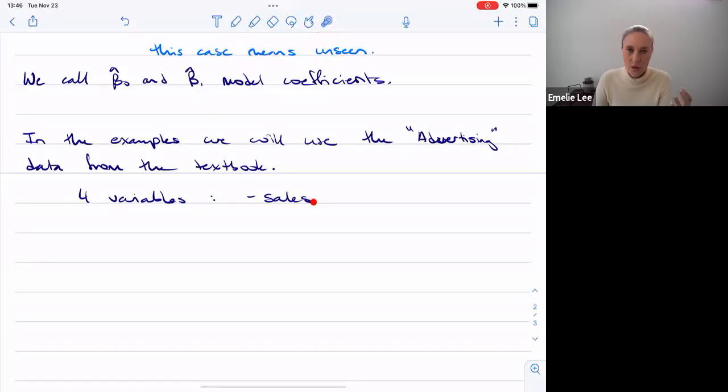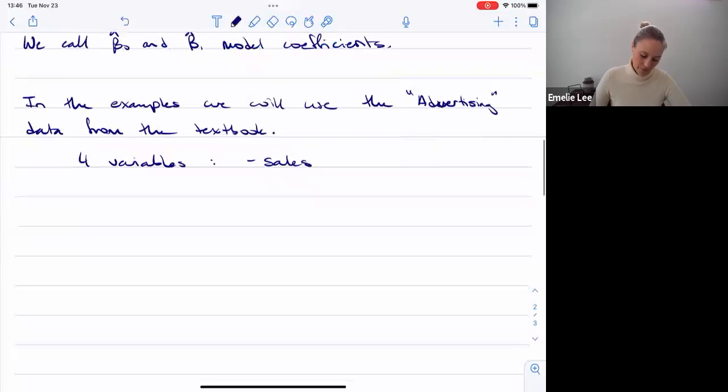Can we use those budgets to predict the amount of sales? Obviously, one key goal would be to optimize how much you spend on each of the 3 categories in order to maximize your sales. Eventually we're going to move to incorporating each of these 3 predictors, but for now, we're just going to look at one at a time.